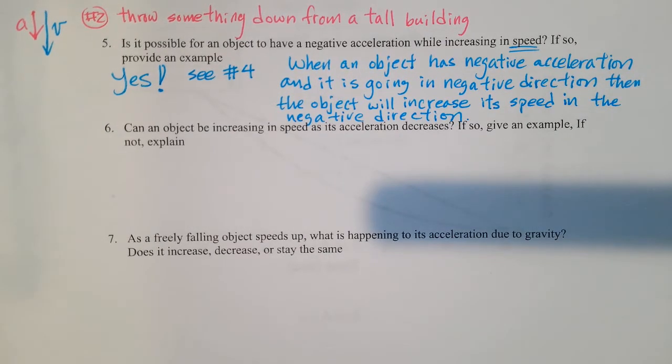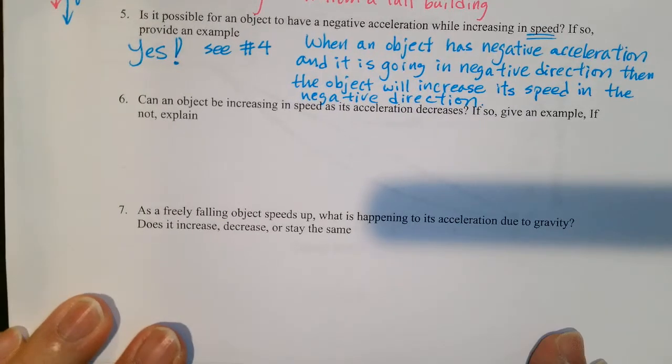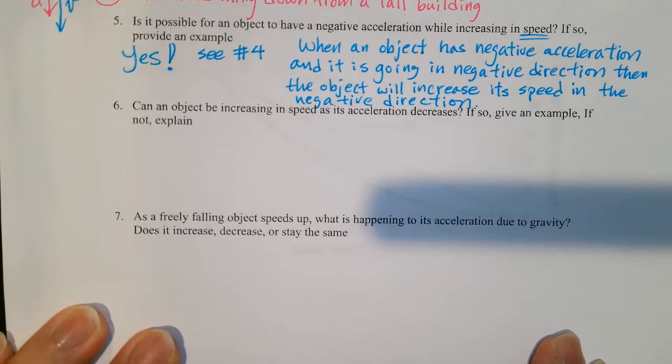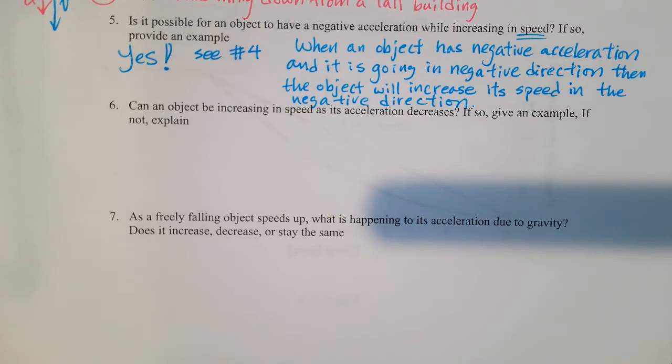Number 6. This one's a good one. I wonder how many people would actually get this. Can an object be increasing in speed as its acceleration decreases? If so, give an example. If not, explain.